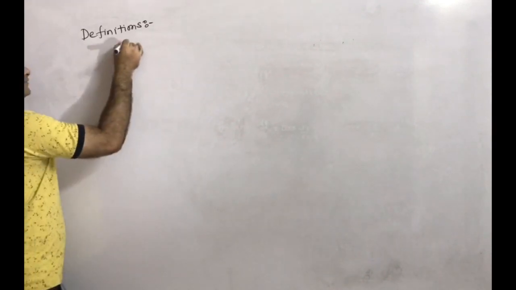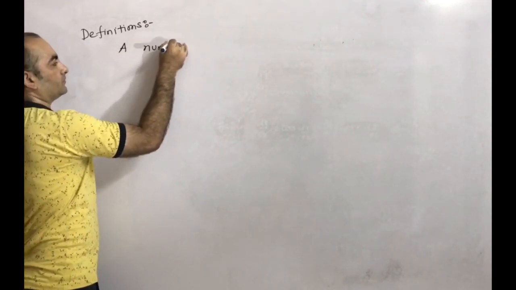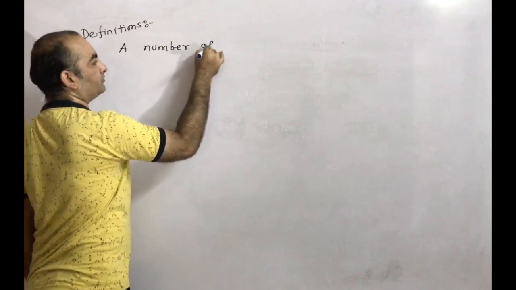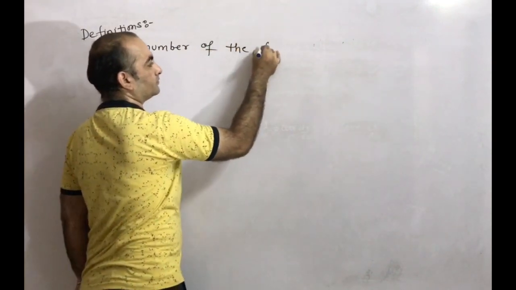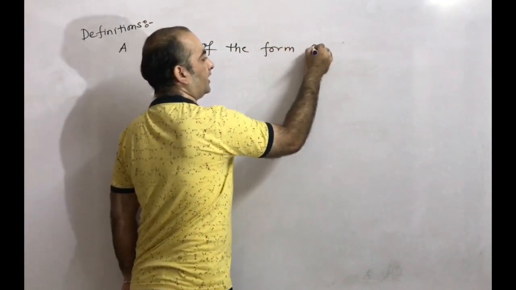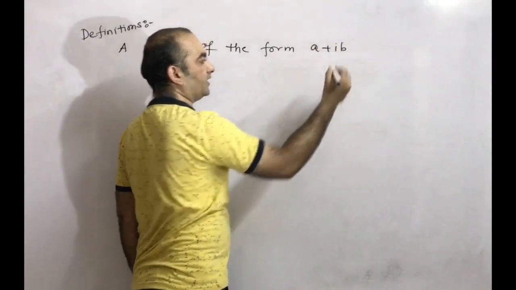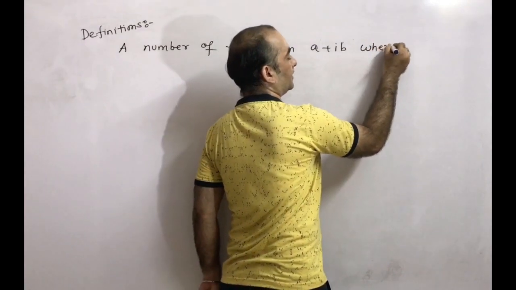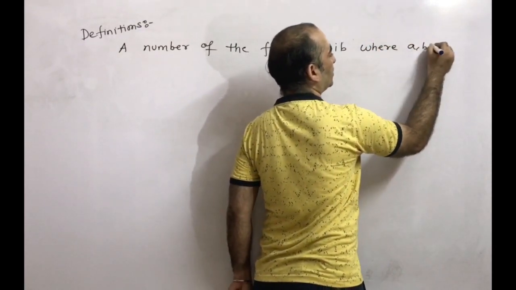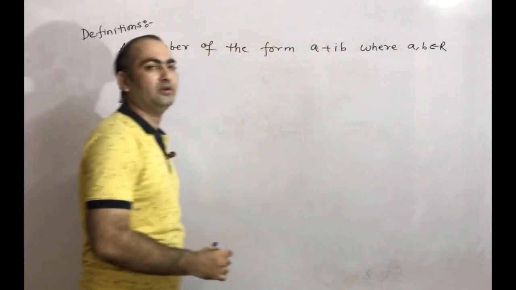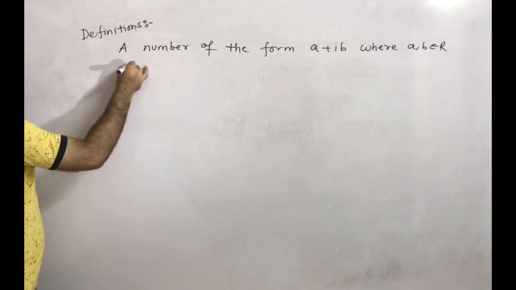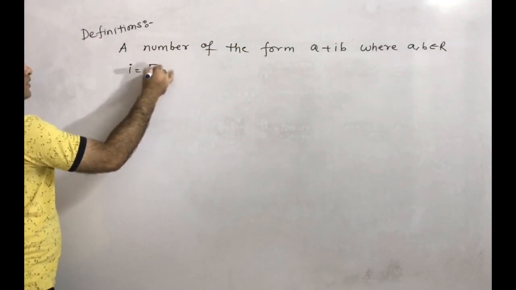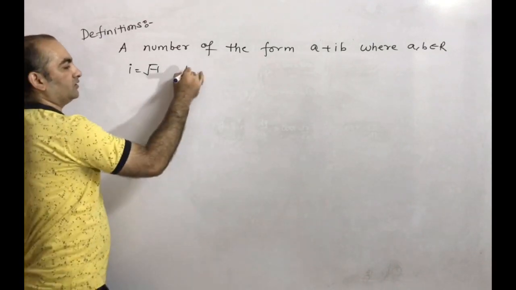A number of the form a plus iota b, where a comma b belongs to R, and iota equal to what? Root of minus 1.